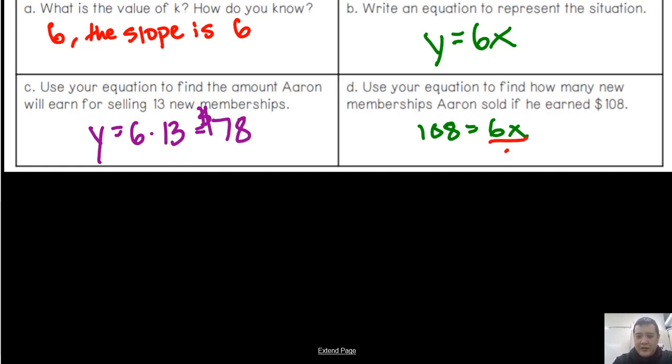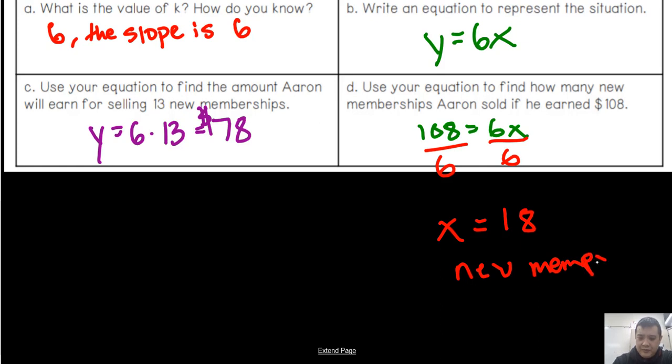So 108 divided by 6, x therefore equals 18 new memberships.